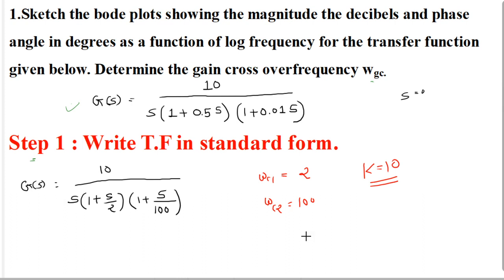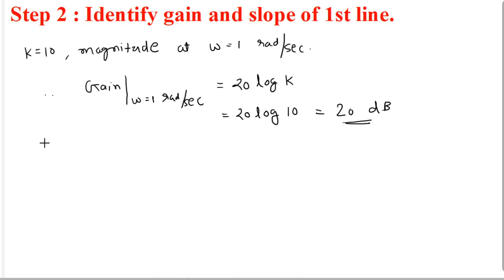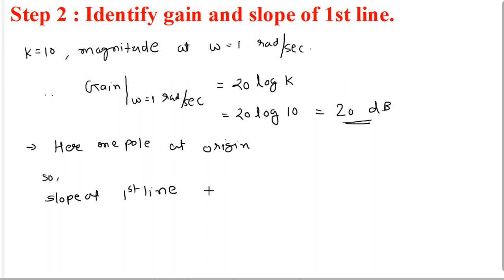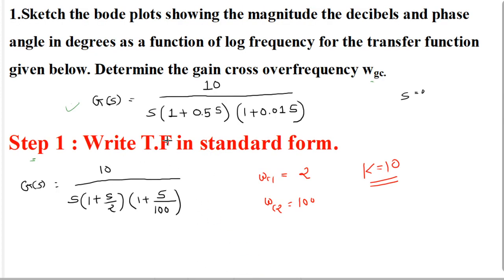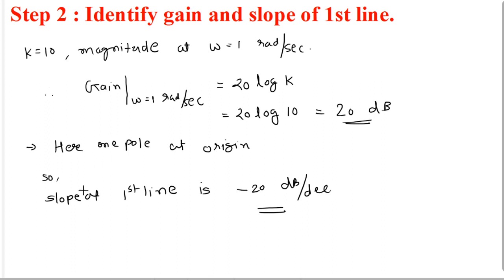So we can say there is one pole at the origin, so the slope of the first line is minus 20 decibel per decade. That is step number 2, identify gain and slope of first line.